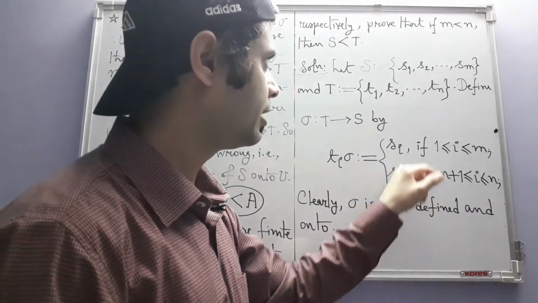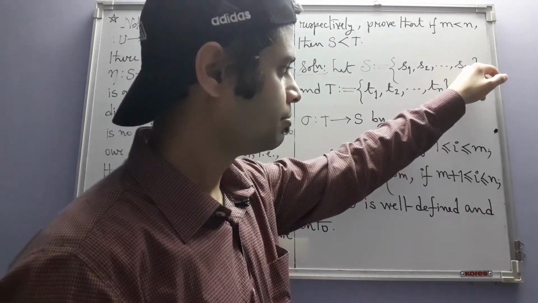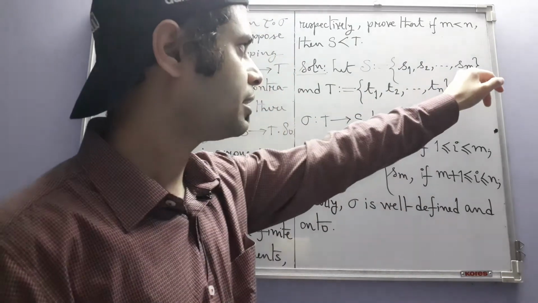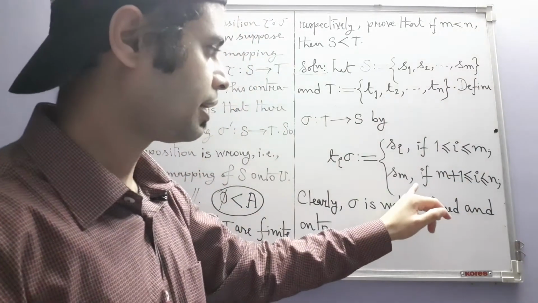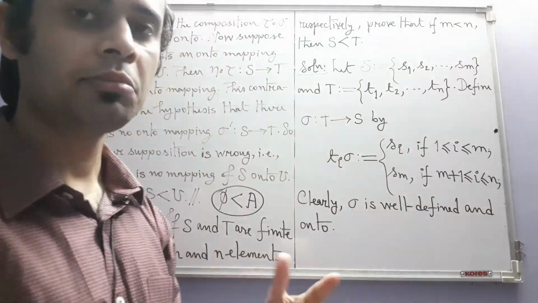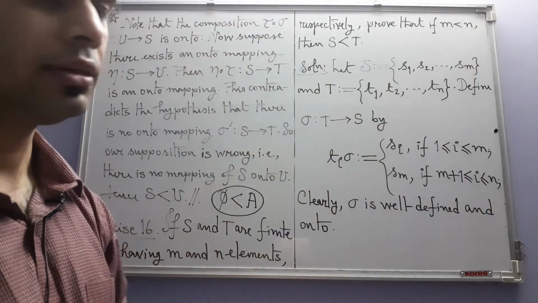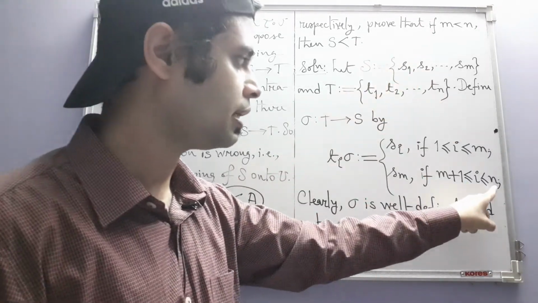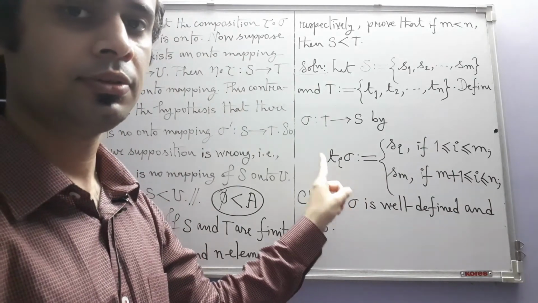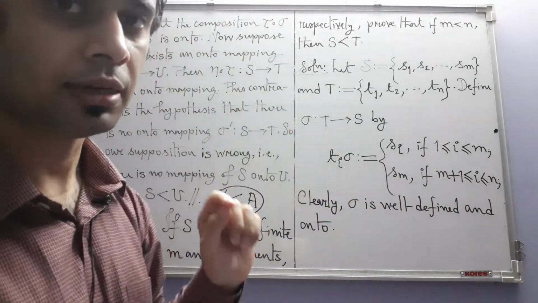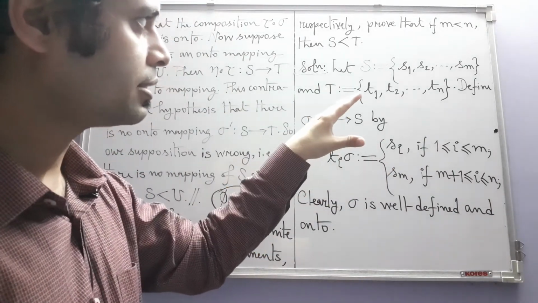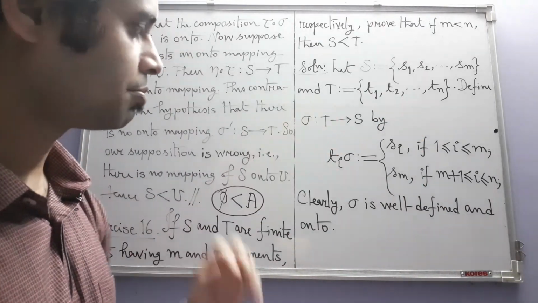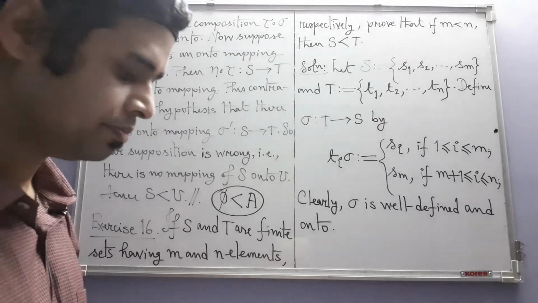And if my element is Sm, then I can choose i equal to m plus 1, anything greater than m. Since n is greater than m, you can choose Tn also. Tn will be mapped onto Sm. So every element in S is appearing as the image of some element in T under this mapping sigma. So it is onto.